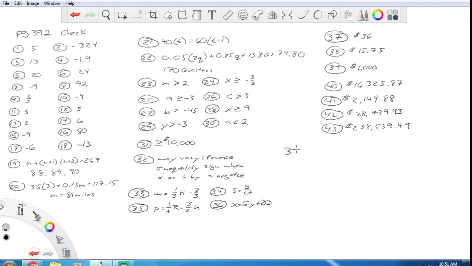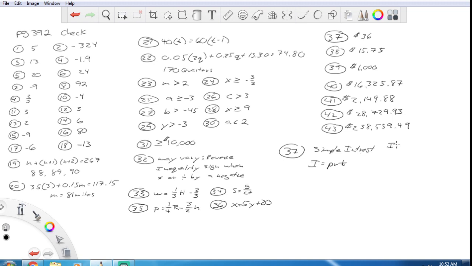37 I think is a word problem. So this is simple interest. Remember, simple interest, you're using interest equals PRT. Just remember that formula. On your test, I will give that to you, so you don't have to memorize it, but it's a pretty easy one to memorize.